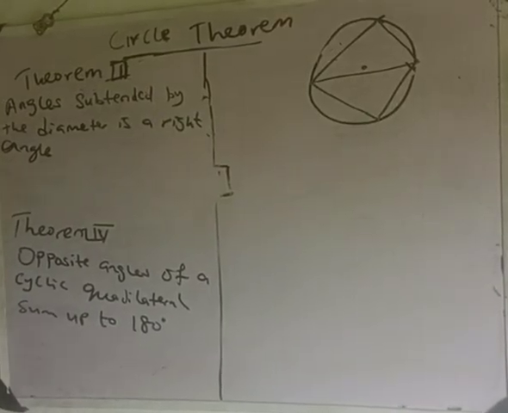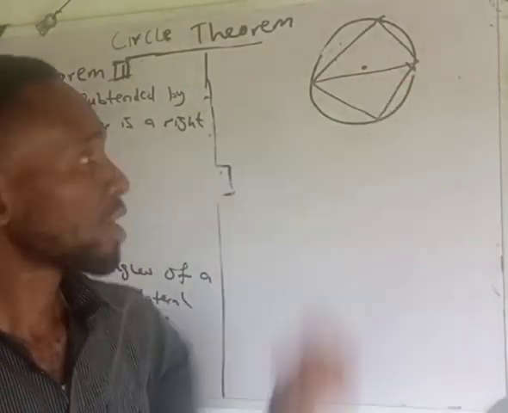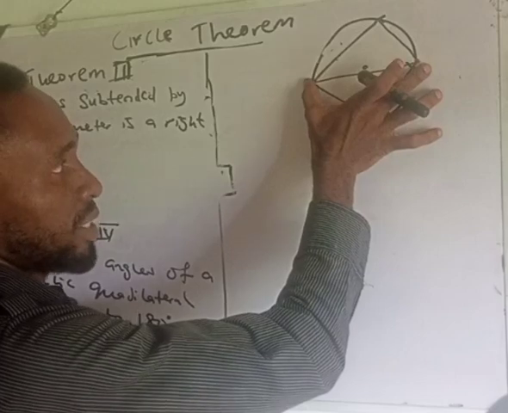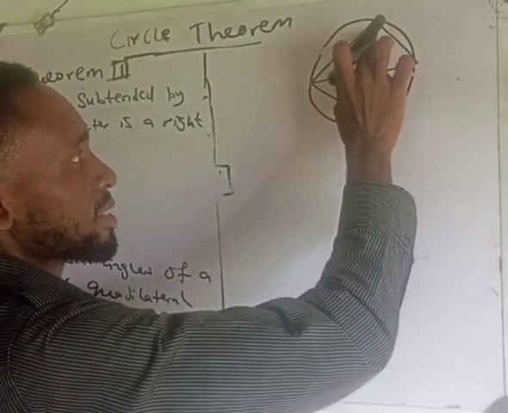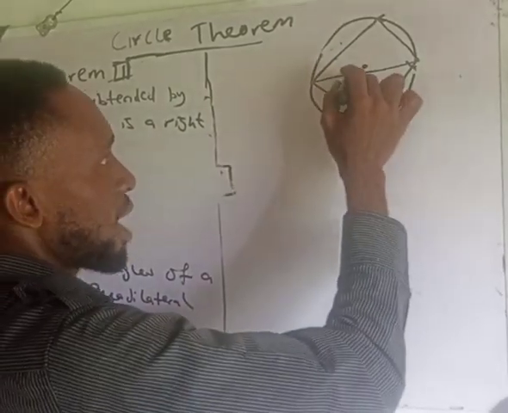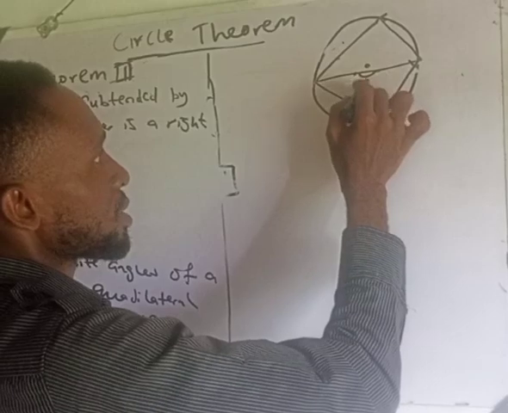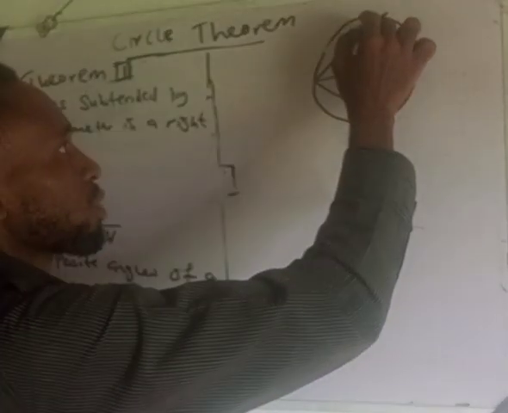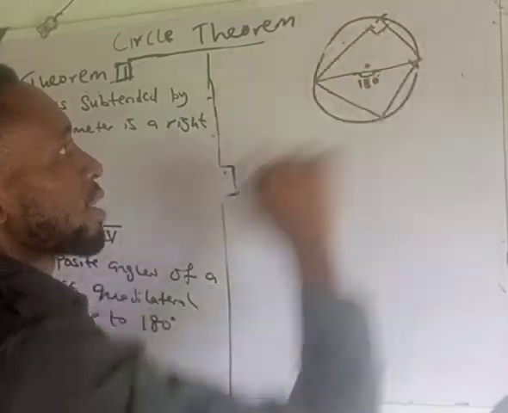Why? Because it subtends a straight line, right? Let's say this is the chord. What it subtends at the center is 180 degrees. So we have that here is 180 degrees. This is 180 degrees, right? Definitely what it subtends will be a right angle.